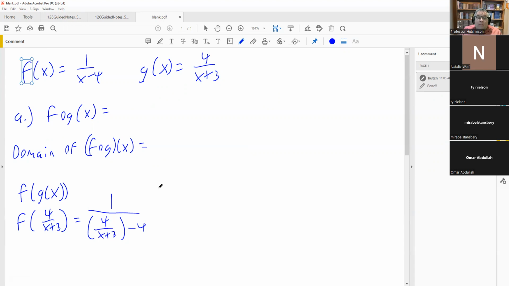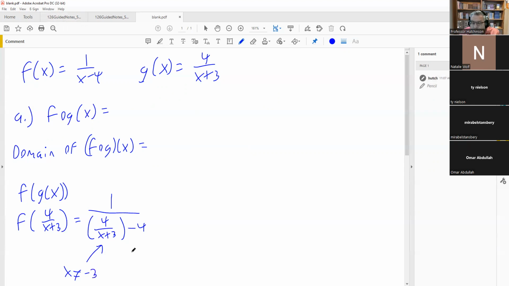Now, in that first step, you're going to stop for a moment, and this is what's going to allow us to define the domain. First of all, this down here tells us that x is not equal to negative 3.